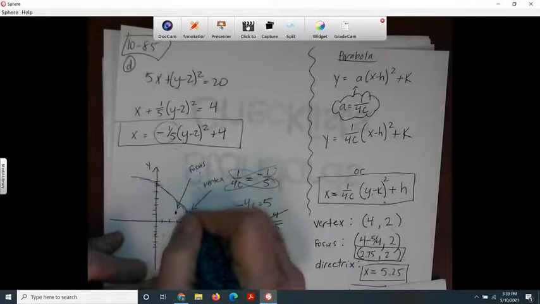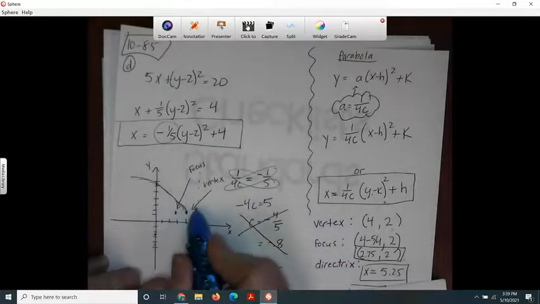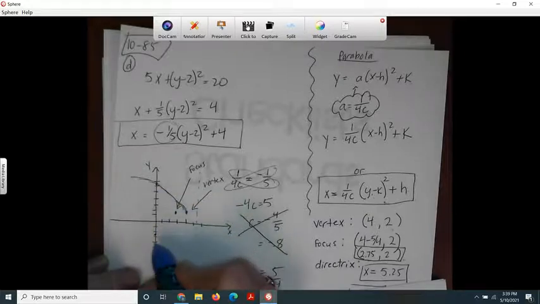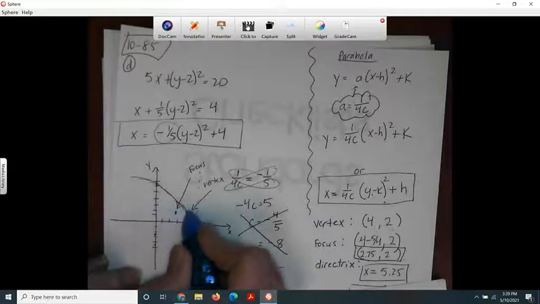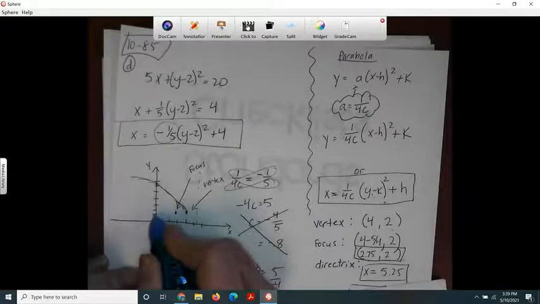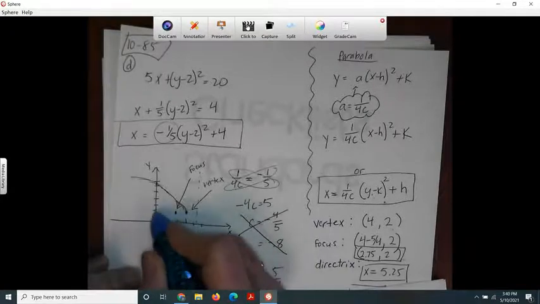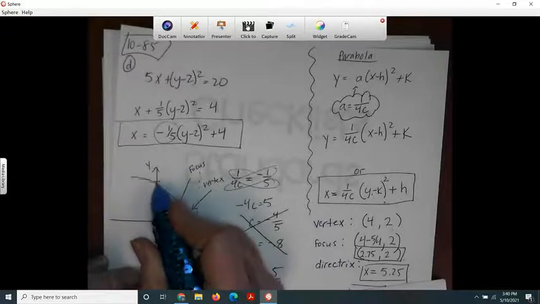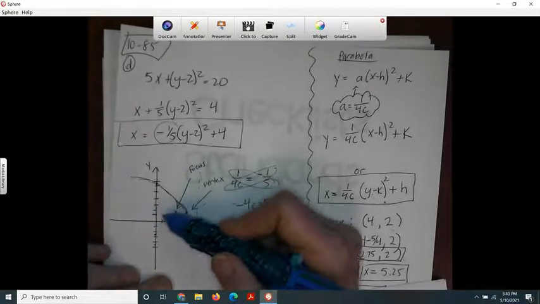Oops, it's kind of ugly. And I know it's going to have a symmetry to it. So I know there's another point, like if this point was up from the vertex by 4.25, so I know I can go down by 4.25 because of the symmetry.